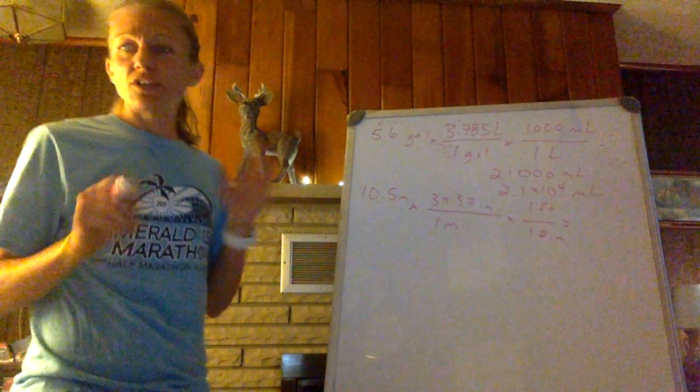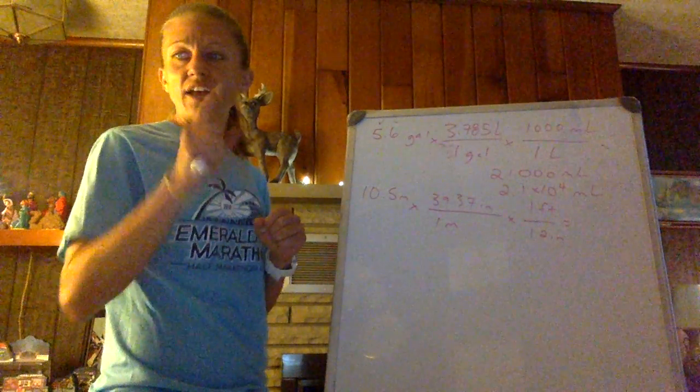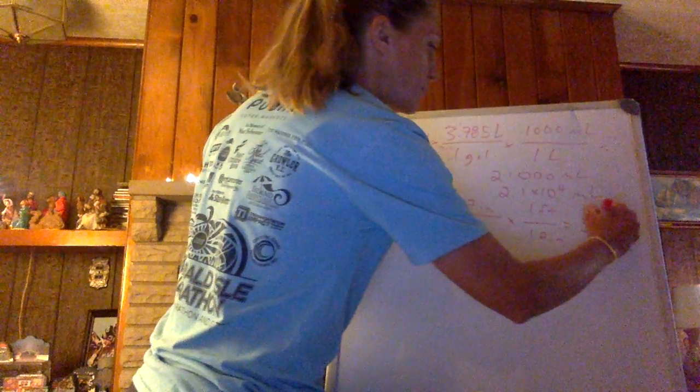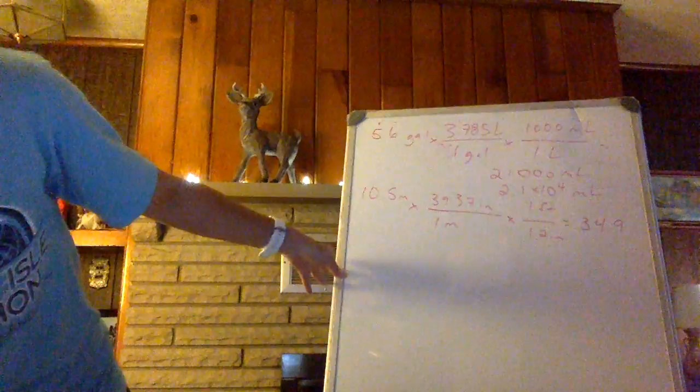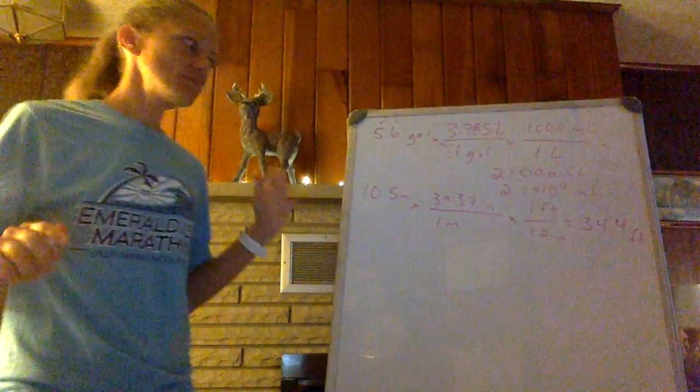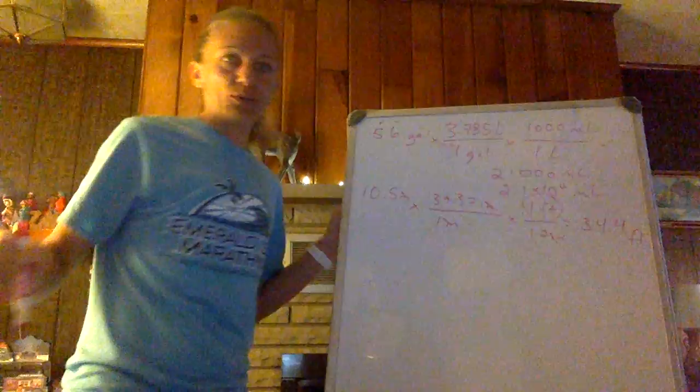That works. So 10.5 times 39.37 divided by 12 gave me 34.9. Let me double check my writing. That might say 34.4 feet. Meters cancel, inches cancel, feet are my new units.